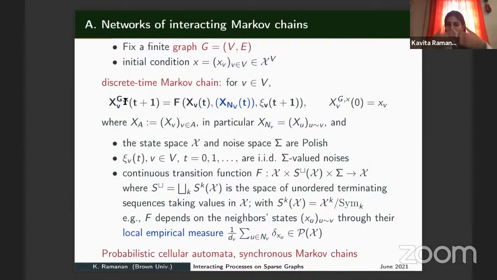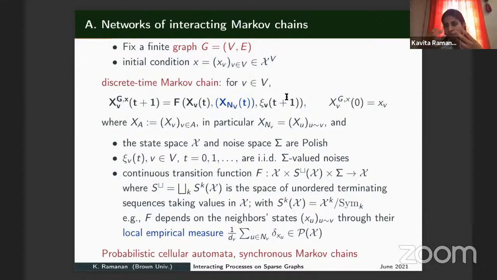So at each vertex, I'm considering only Markov processes right now. So of course, X^G at time t, which is this whole configuration, could depend on the whole configuration at time t. But in this case, for each vertex, its value at time t plus 1 will only depend on its own state at time t and its neighboring states at time t, and then some external random noise.